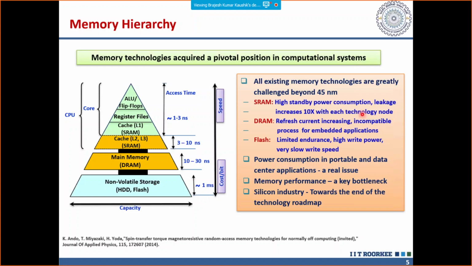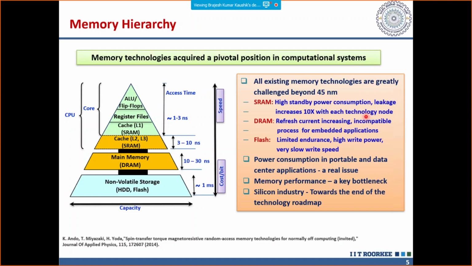That is really a big concern for systems which use a huge amount of memory. In any system, almost 70% of the chip area is covered by these memories. Therefore, if you want to reduce the overall power dissipation or improve the performance of any system, you need to focus a lot on these memories.